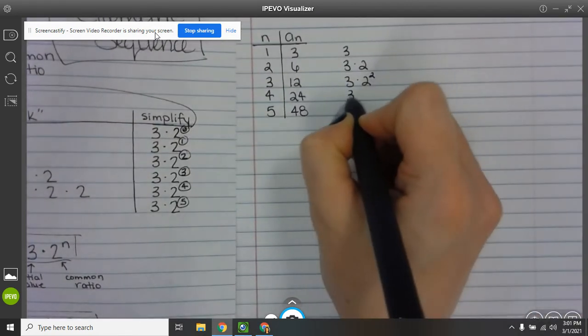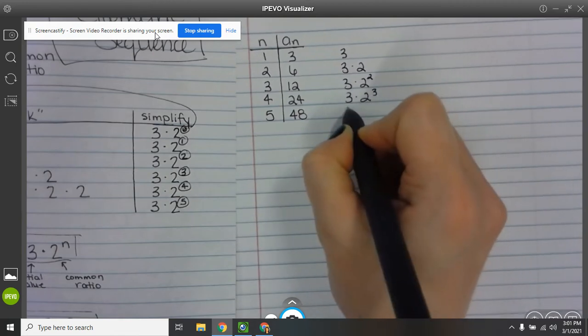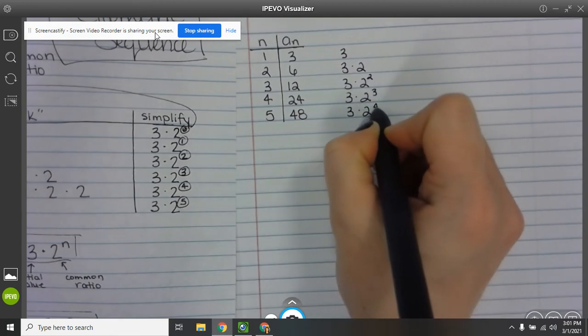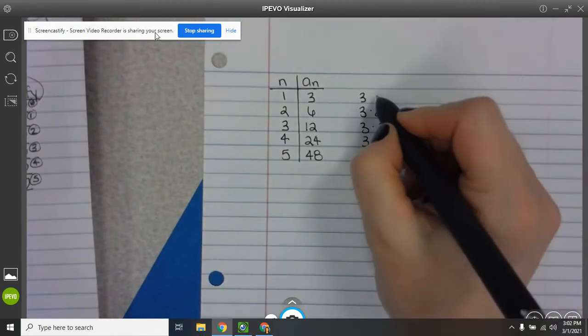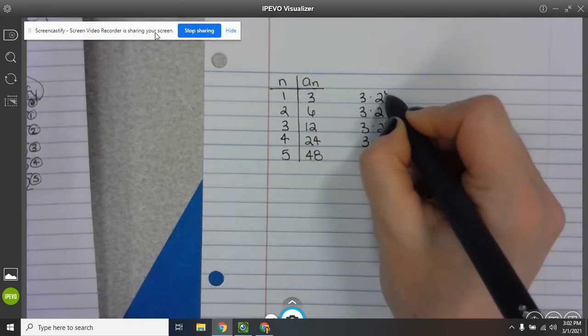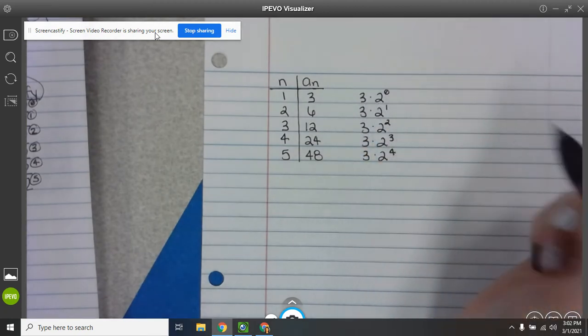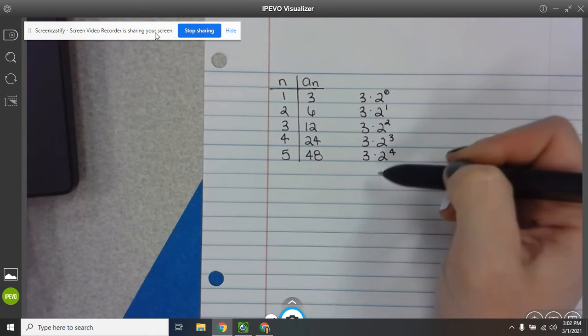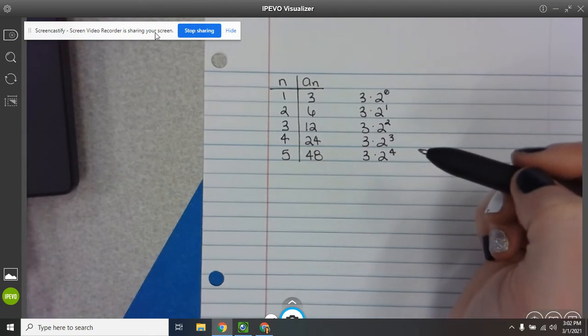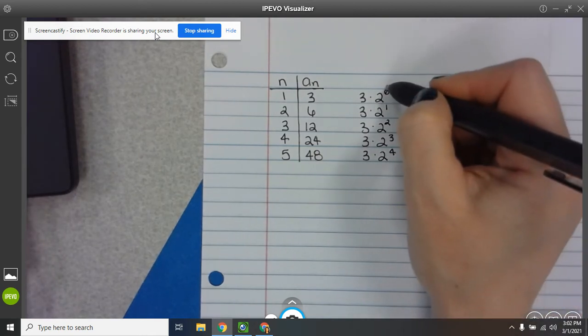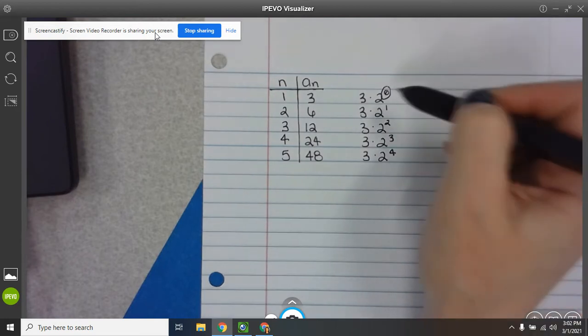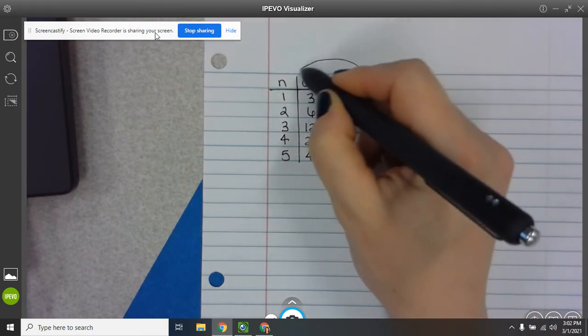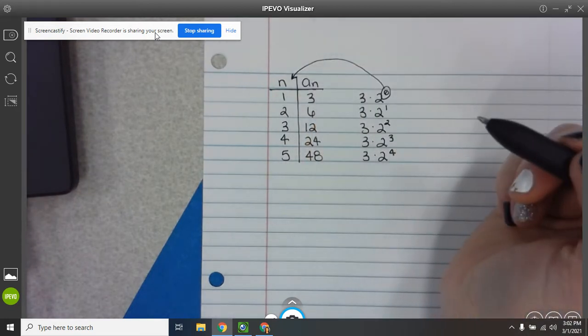That's still the same. And this is still 3 times 2 to the 4th. And this is still 3 times 2 to the power of 0 and 1. So that part has not changed. Now what I need to do is figure out how to relate this exponent to my new n values.